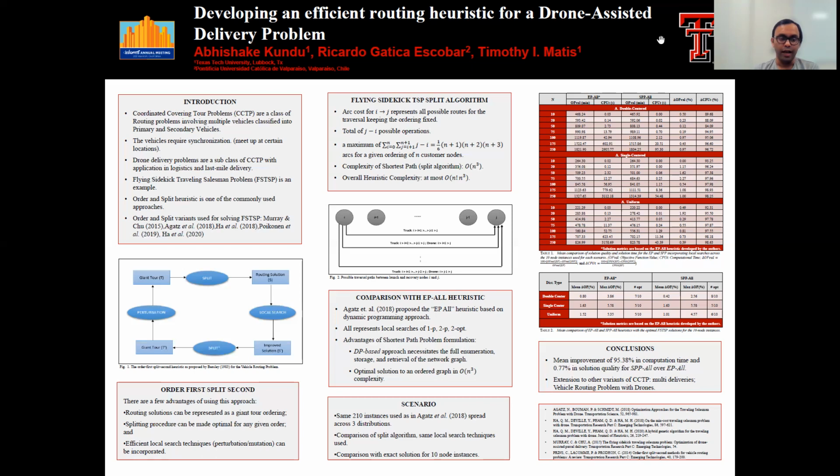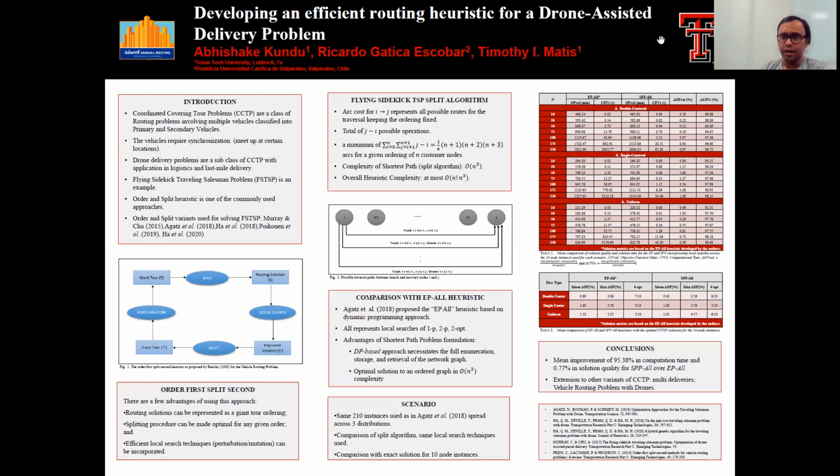Though the EP all and SPP all heuristics may end up exploring different local solution spaces, yet in none of the individual instances can the EP all algorithm reach a better solution than our SPP all algorithm.